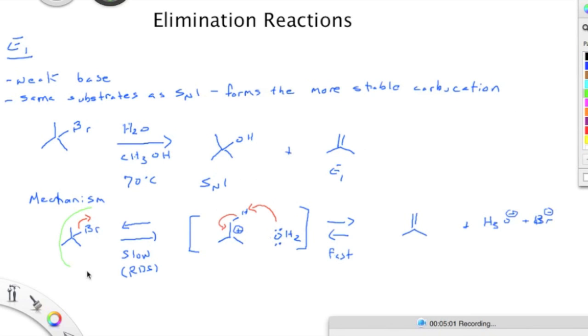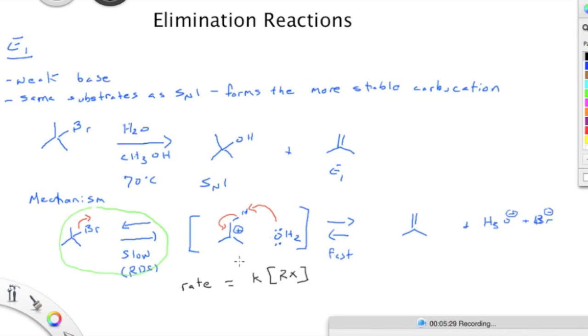This happening to form the carbocation is our rate determining step. And so therefore this gives us our rate for an E1 reaction as rate is equal to k times only [RX], just like in SN1 reactions.